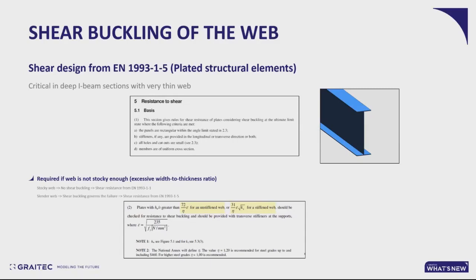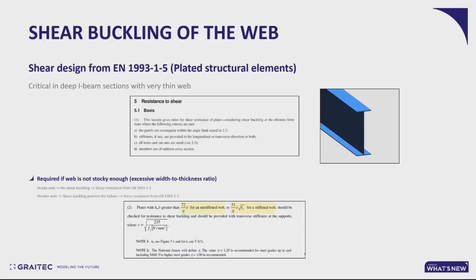So the first thing that Advanced Design will do is to check if this verification is required or not. And for that, it will compare the width to thickness ratio of the web with some limits defined in Eurocode 3 Part 1.5. There is a lower limit for an unstiffened web, and if you have stiffeners along the web, you can use a higher limit.